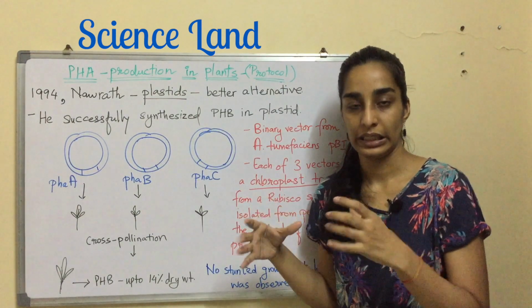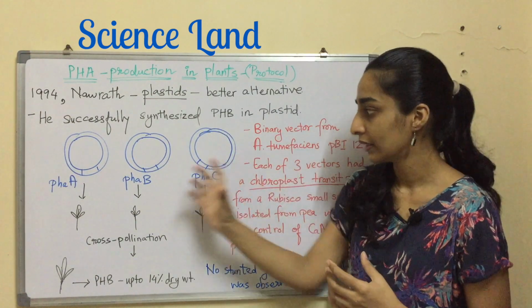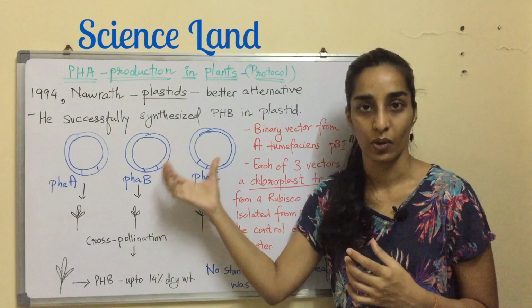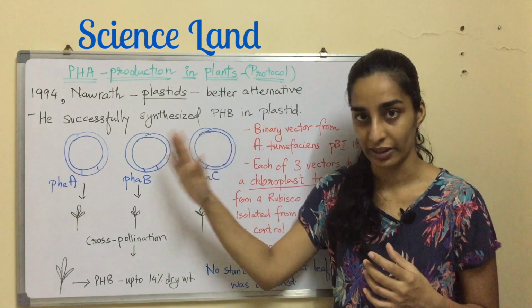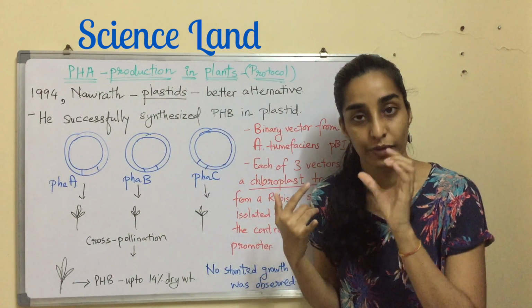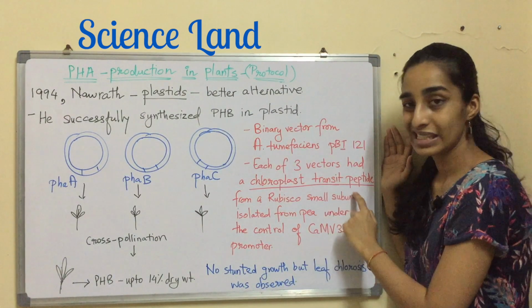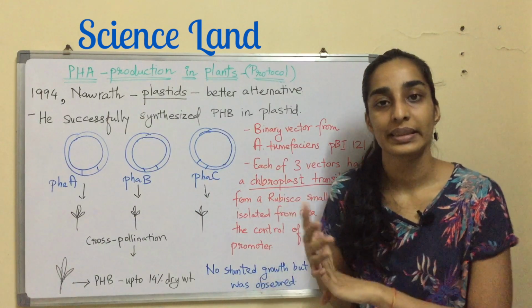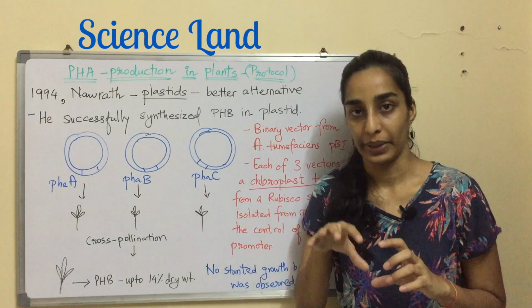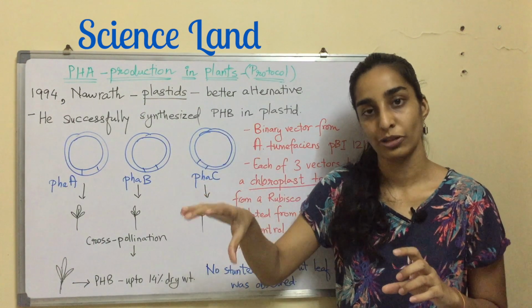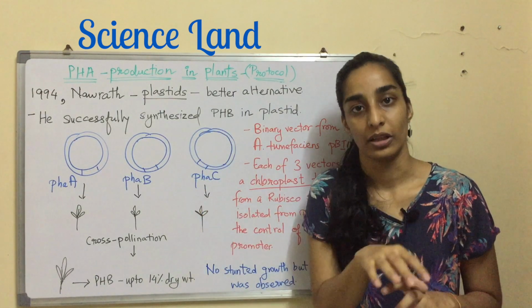So basically what this means is the gene is there. 3 things are there in each of the vectors. The N terminal of each gene is fused to this transit peptide. What is this transit peptide? It's a signal peptide. It will signal the transportation from a particular place to another place.